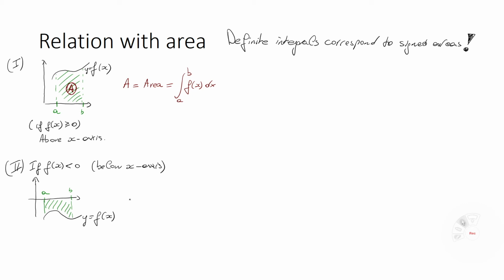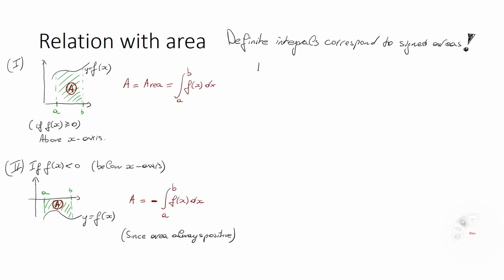They're always quantities that are positive. And then what we get is that the area is no longer just the integral, but now it is minus the integral. This area right here, for a function that's below the x-axis, is minus the integral.